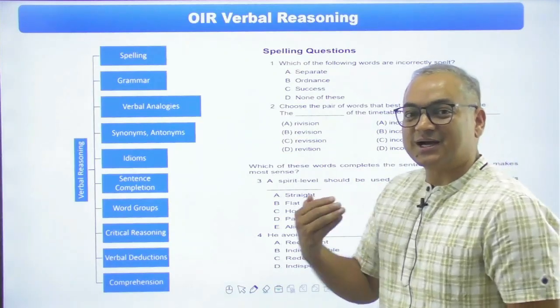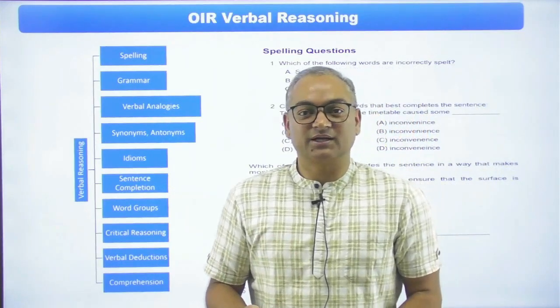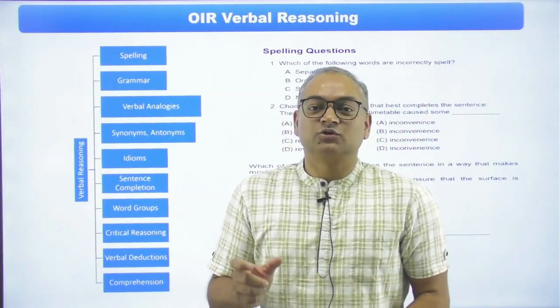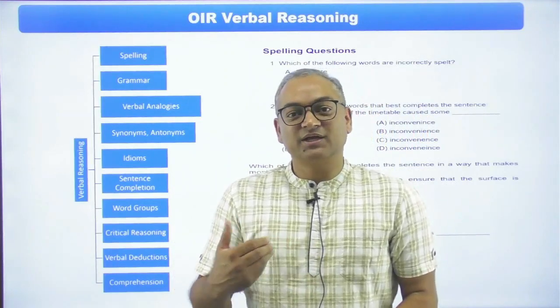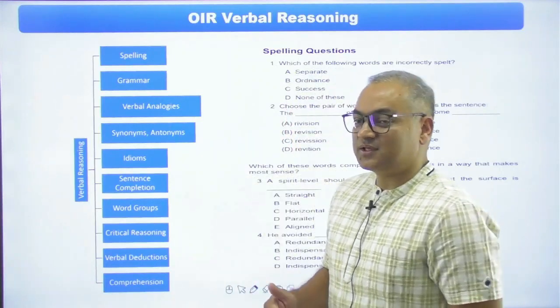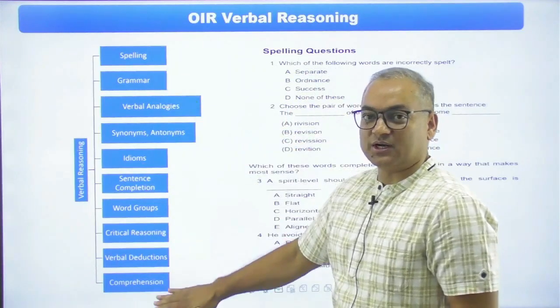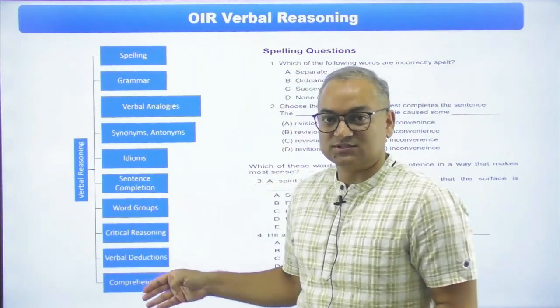These are the kinds of questions asked to test the verbal intelligence of the candidates during the OIR test. Normally there would be 40 to 60 questions, and the time varies as per the difficulty level of the questions. But generally they will be asked on all these aspects.